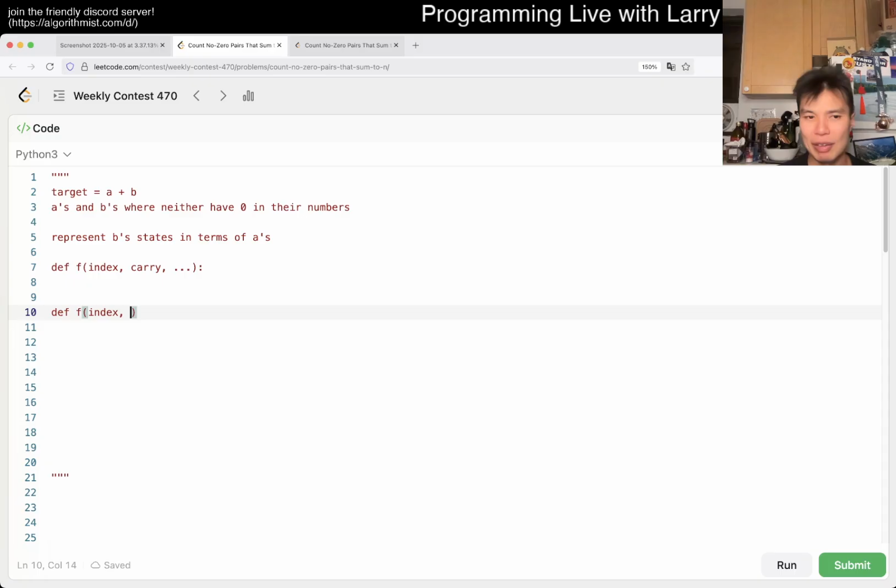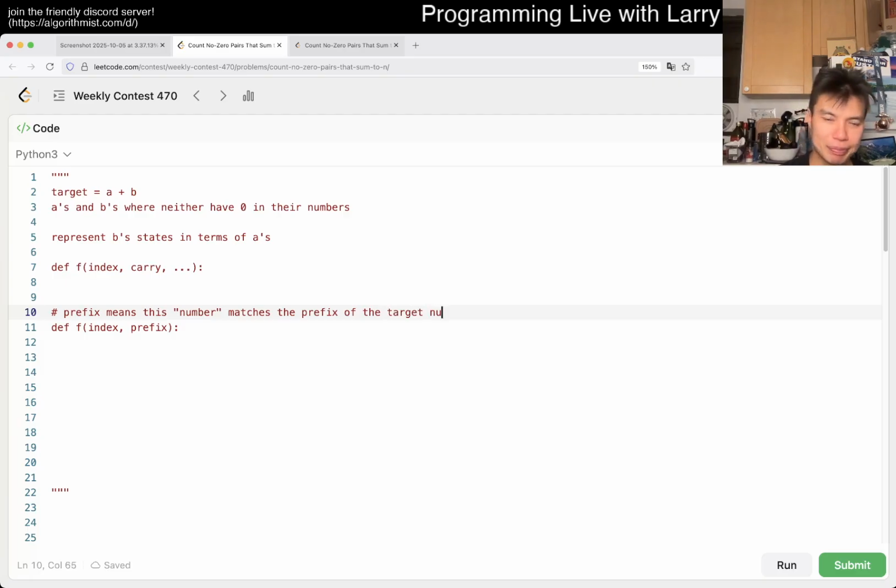You have an index, you have a prefix, and in this case you might have some other things, right? But the idea here is that prefix means this number matches the prefix of the target number, right?